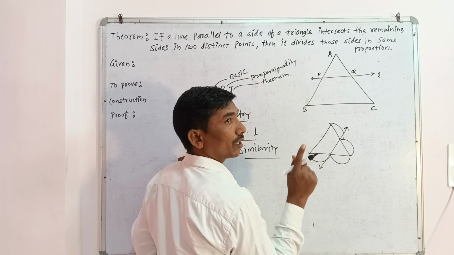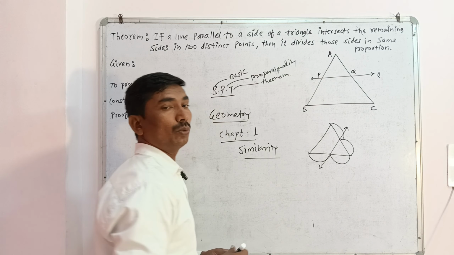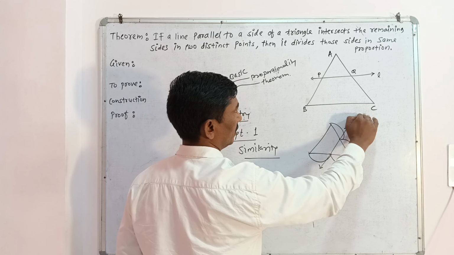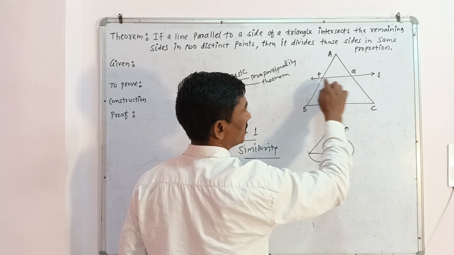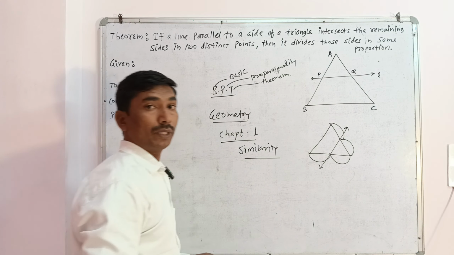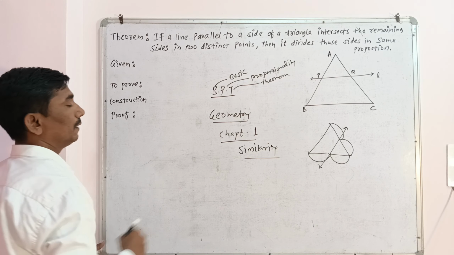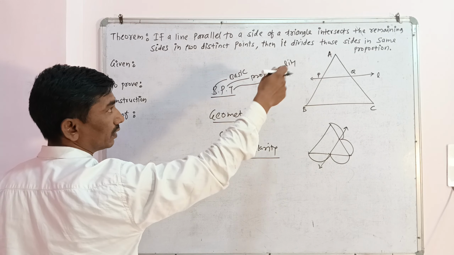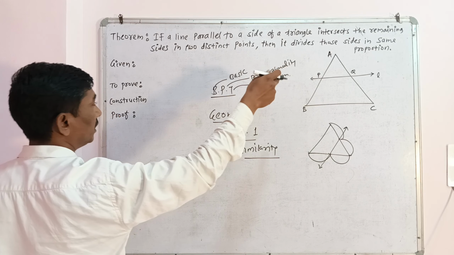So here we have taken triangle ABC in which line L is parallel to the side BC of the triangle. And the line L is intersecting sides AB and AC at two different points P and Q respectively. So whatever is in the diagram, we'll write it over here in the given section.